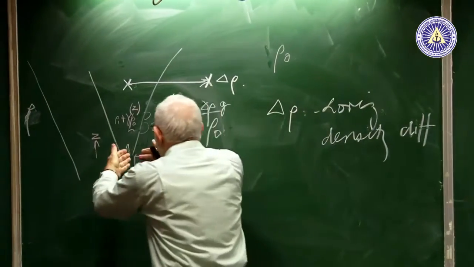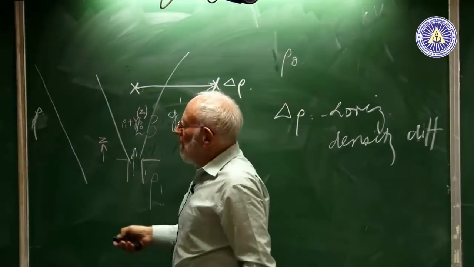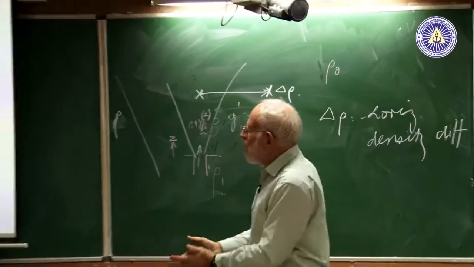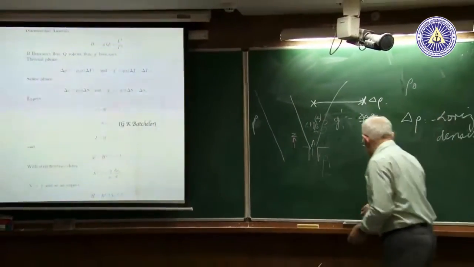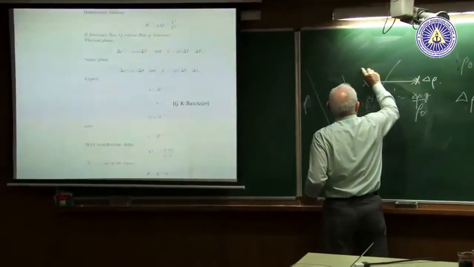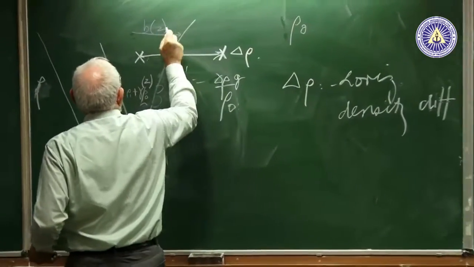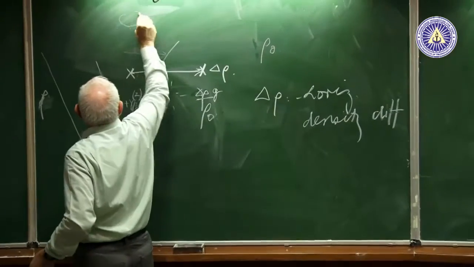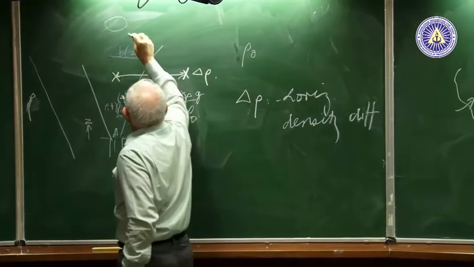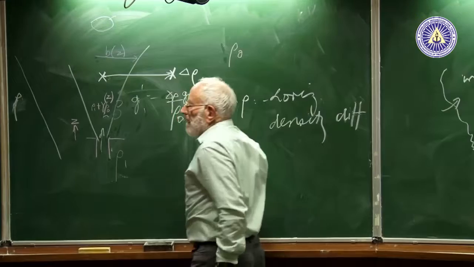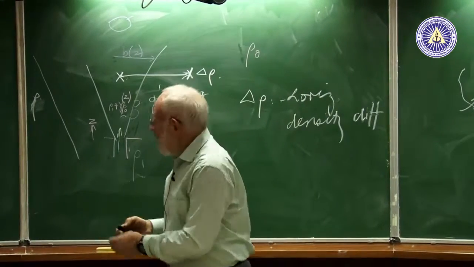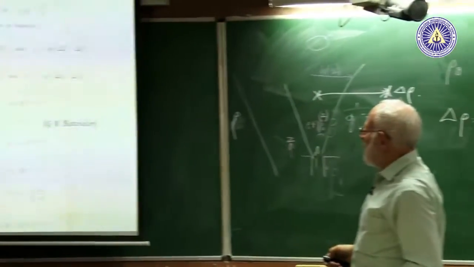What I'm doing is making an overall model which says that b, the width of the plume, the horizontal extent, is a function of z, and this is circularly symmetric. It goes linearly with z.